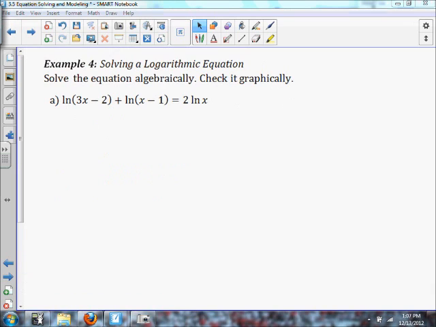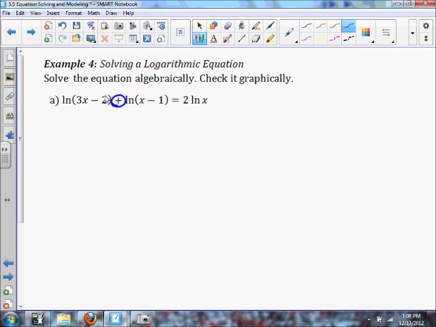Example 4, we're only going to do the first one because it kind of ties together everything we did. Now in section 3.4, we talked about the different properties. We have log of rs to the base b, it'd be log of r plus the log of s. If we have log of r divided by s, it'd be log of r minus the log of s. So really what's going to happen is this.